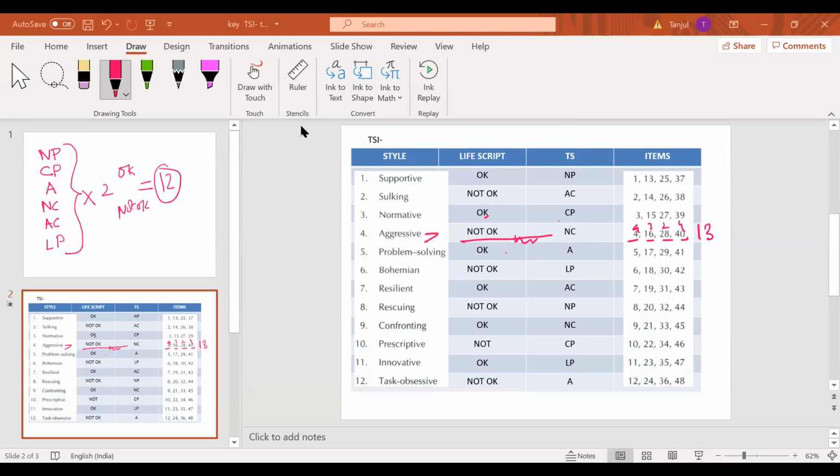Coming back to my own rating, I answered very deeply, looking at each and every question. I found the higher components in the fifth part, problem solving, and in the prescriptive component, the 10th part. These two components I find high.